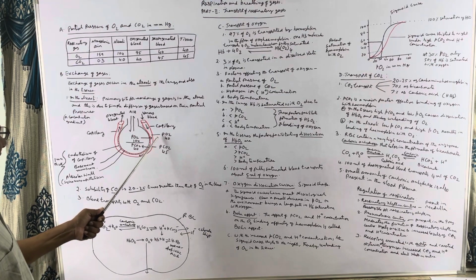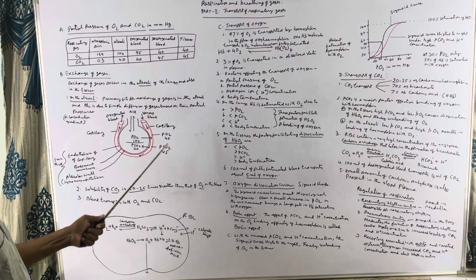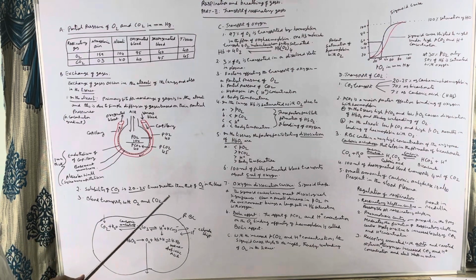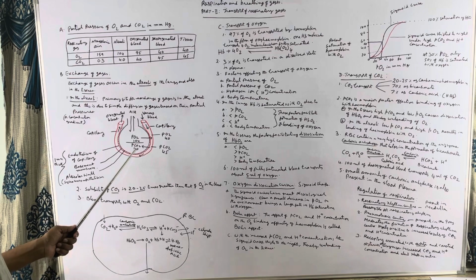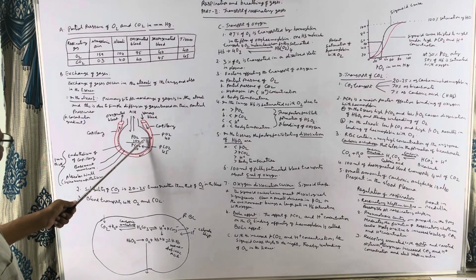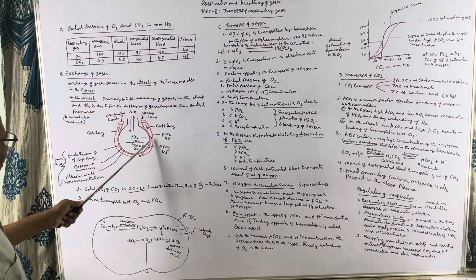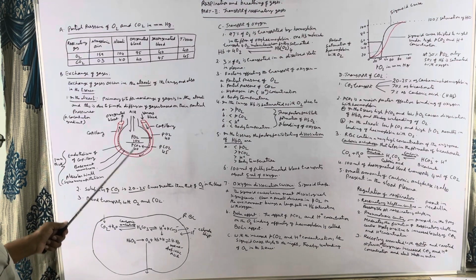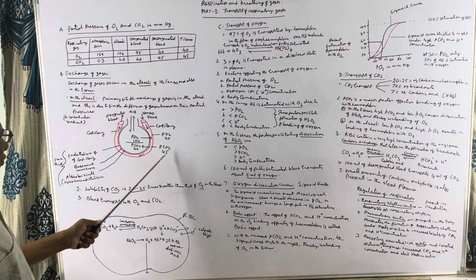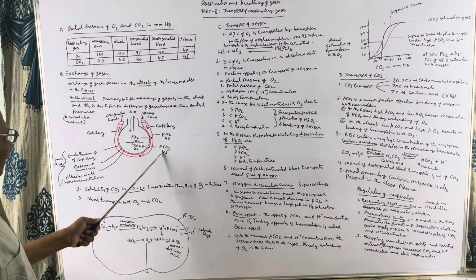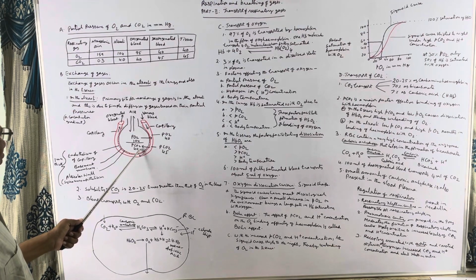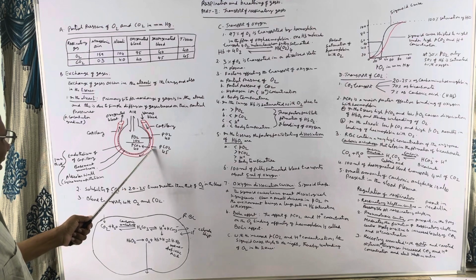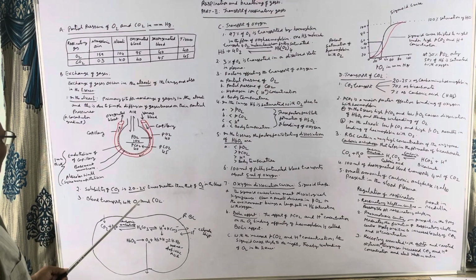In the blood, it is only 40 mmHg. Then what happens? Oxygen moves from the alveolar cavity into the blood. At the same time, the PCO2 is 45 in the blood and is only 40 in the alveolus. So, carbon dioxide moves from the blood into the alveolar cavity.